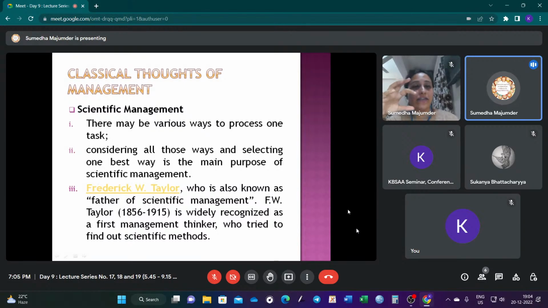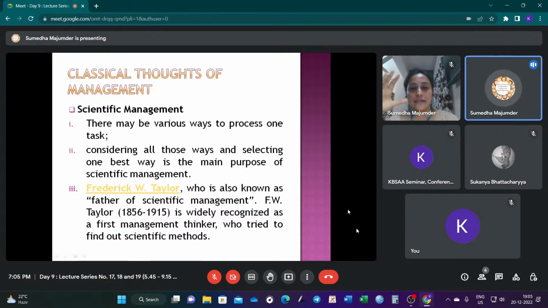So scientific thoughts of management believe in the apportionment of the entire task into several parts, which are distributed among the right people, so that the basic objective of management, the optimum utilization of resources, is successfully fulfilled by the business.